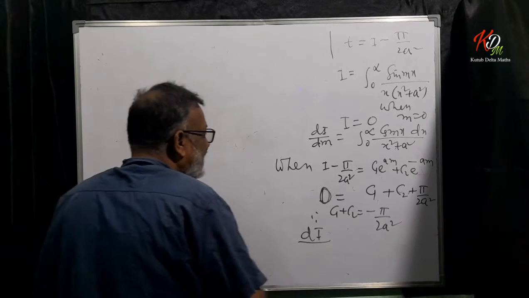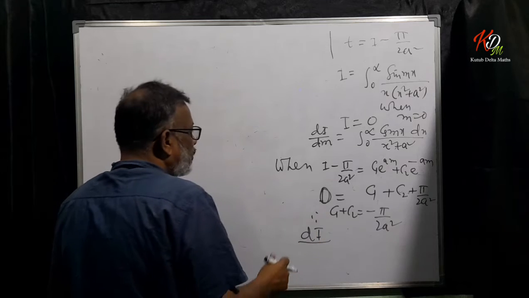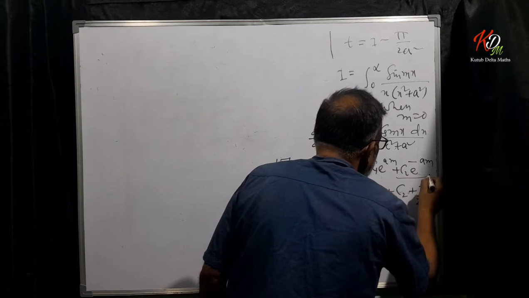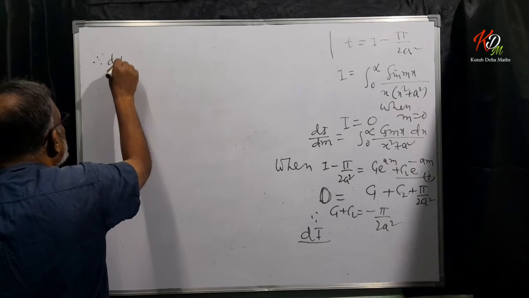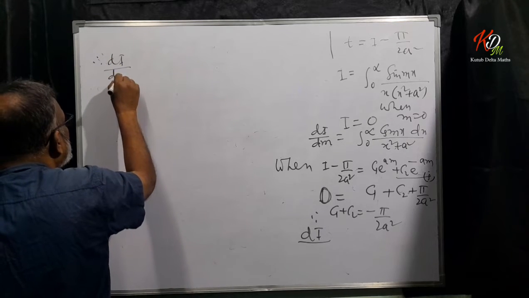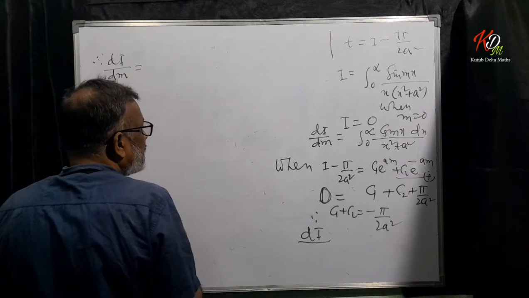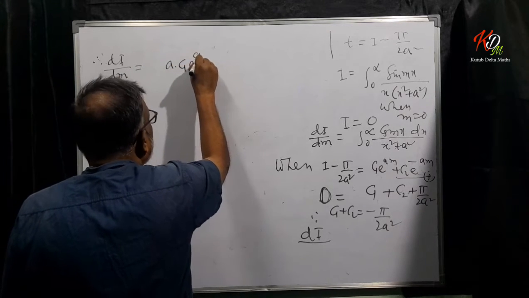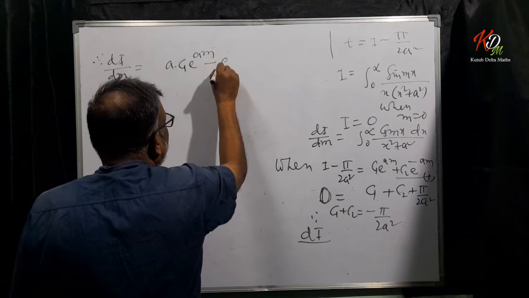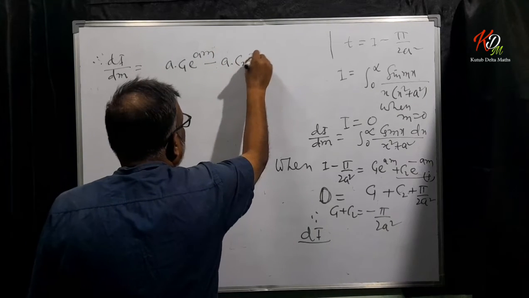Now differentiating with respect to m of this equation 1, dI/dm equals a into c1 e to the power am minus a into c2 e to the power minus am.